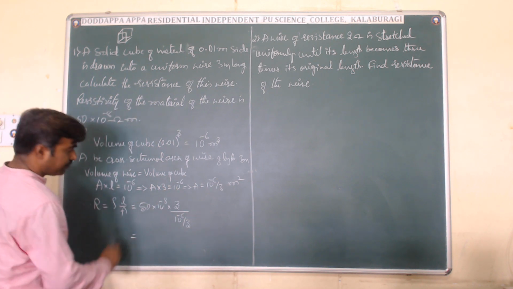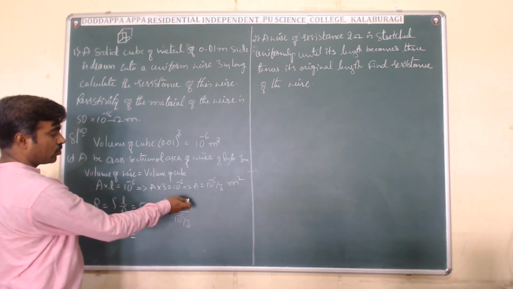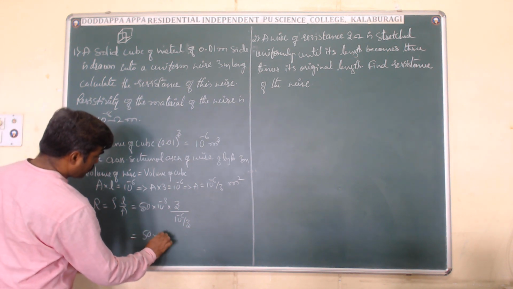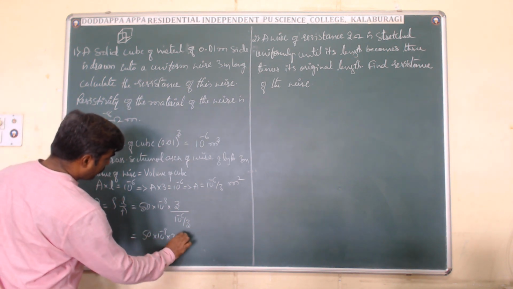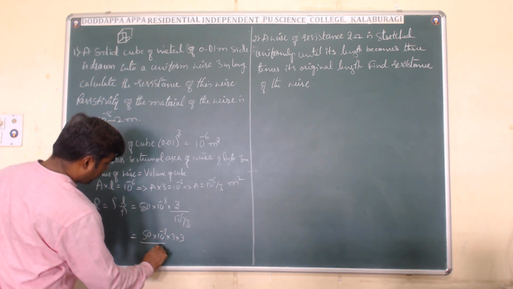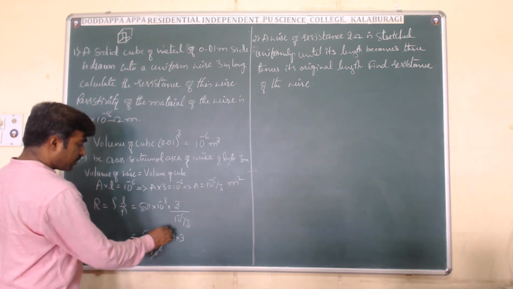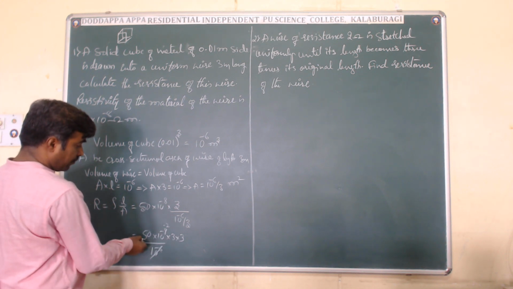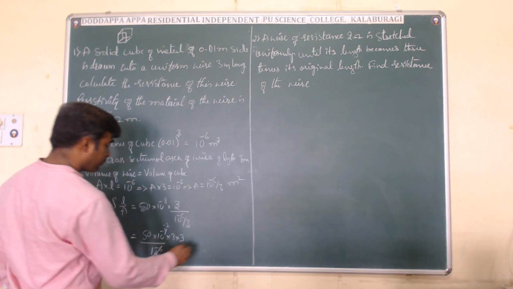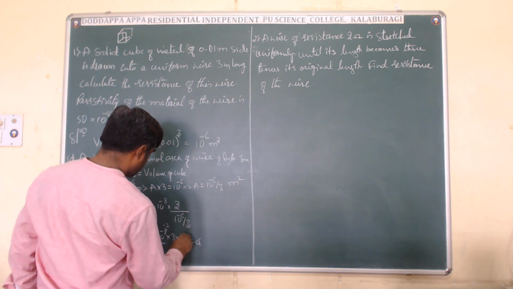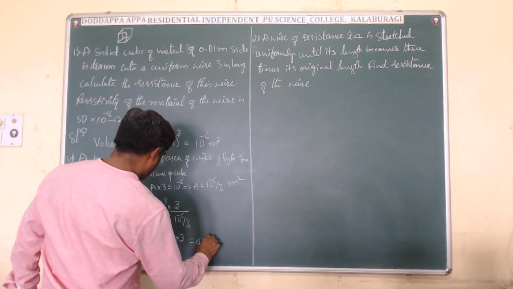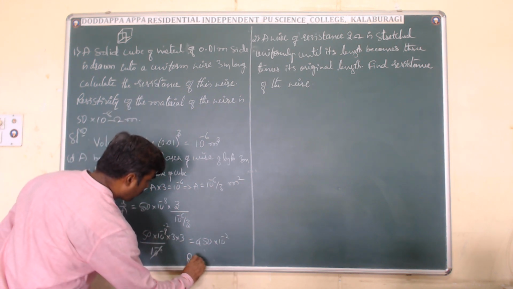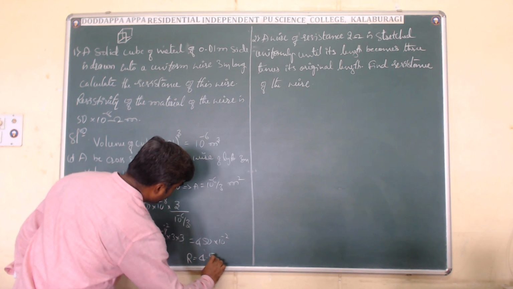After calculation, the 3 goes to the numerator: 50 into 10 raised to minus 8, 3 into 3 divided by 10 raised to minus 6. Here minus 6 and minus 6 cancel. So 3 3 is 9, 9 5 is 45. So it is 450 into 10 raised to minus 2, or else the resistance value is 4.5 ohms.